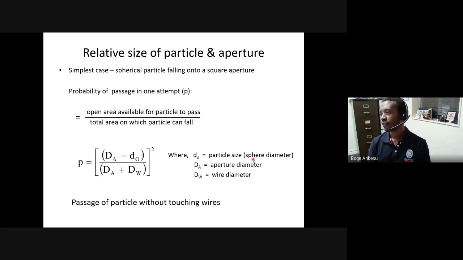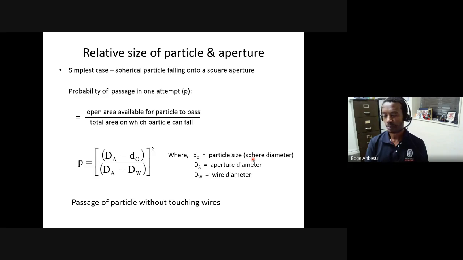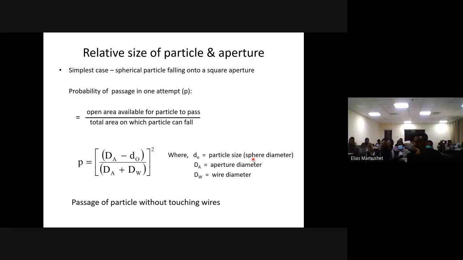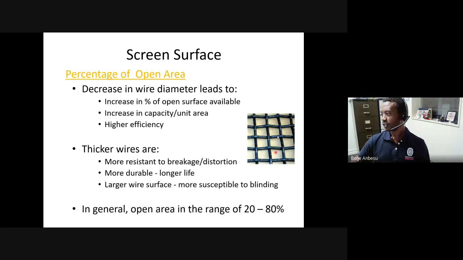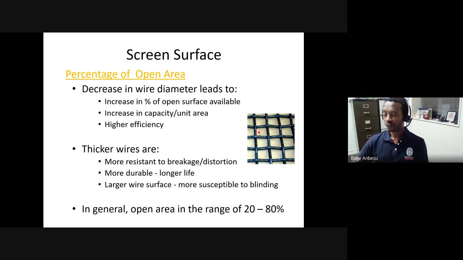Okay, so the first factor that can be very critical in operating a screen is the relative size of the particle to that of the aperture. So when I say this, if this was my screen, I know the average size of the opening here. So that is fixed.